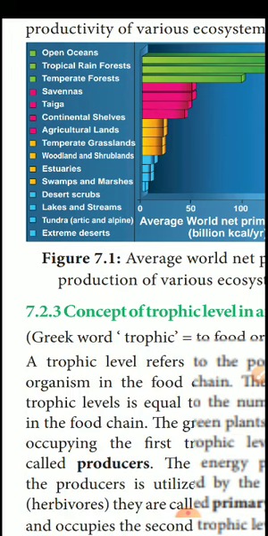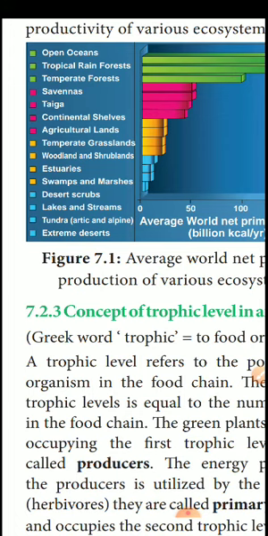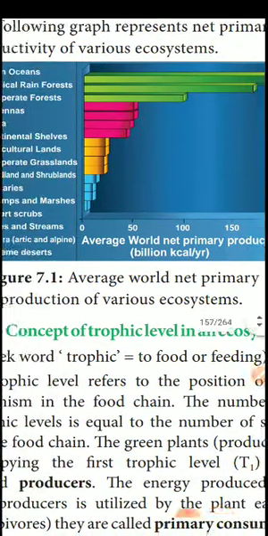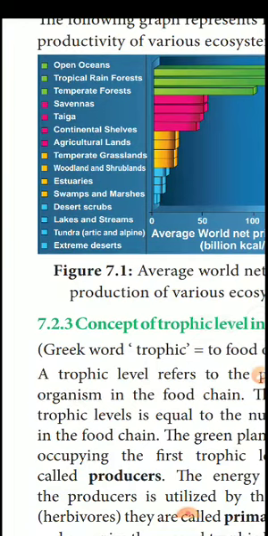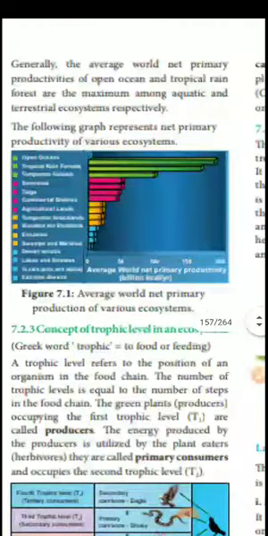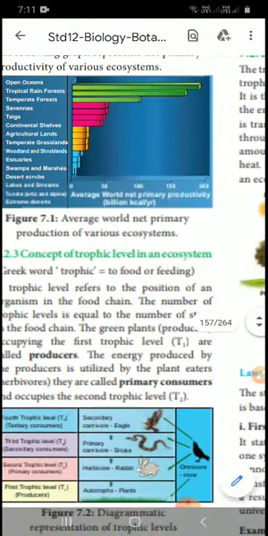The yellow color is temperate grassland, woodland, estuaries, swamps and marshes, then desert, lake, tundra region, Arctic and Alpine, and extreme desert. So this is the average world net primary productivity. In desert places it is very low, after that grassland, taiga, and next to open oceans. This is the concept of productivity.